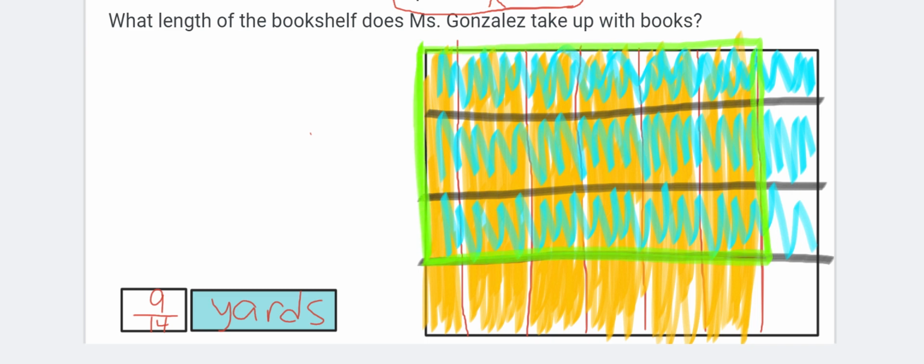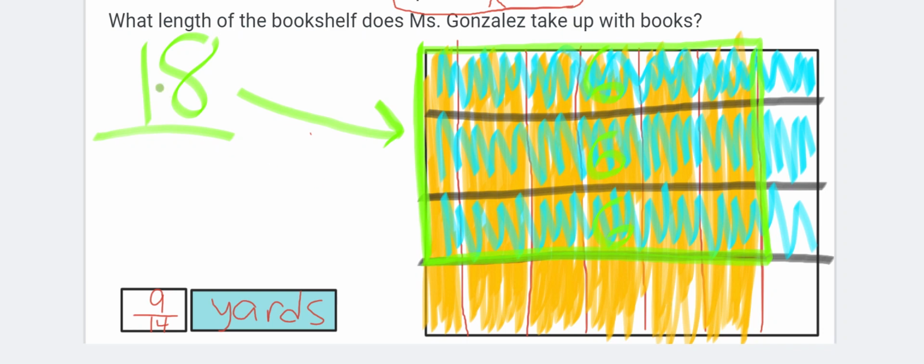So when I look here at this section, I notice how many pieces are there all together if I count up all of the pieces. I notice there are 18 because I can see 1, 2, 3, 4, 5, 6. There's 6, 6, and 6 here. And 6 times 3 is 18.